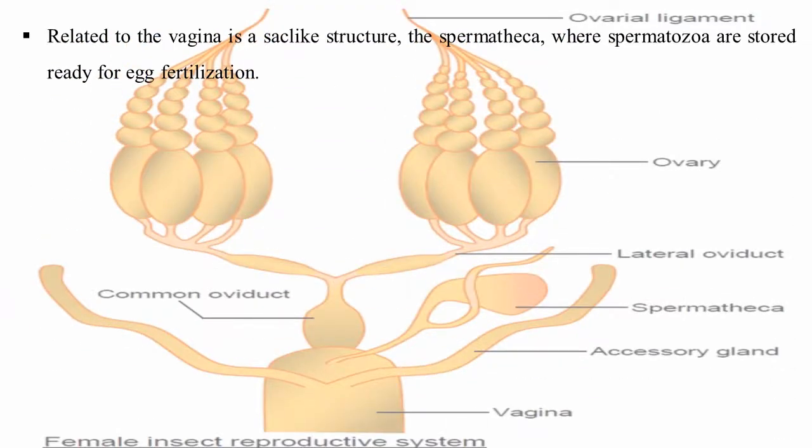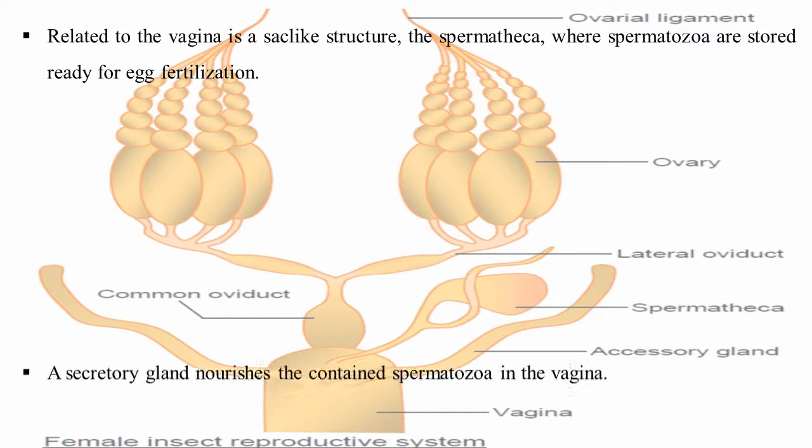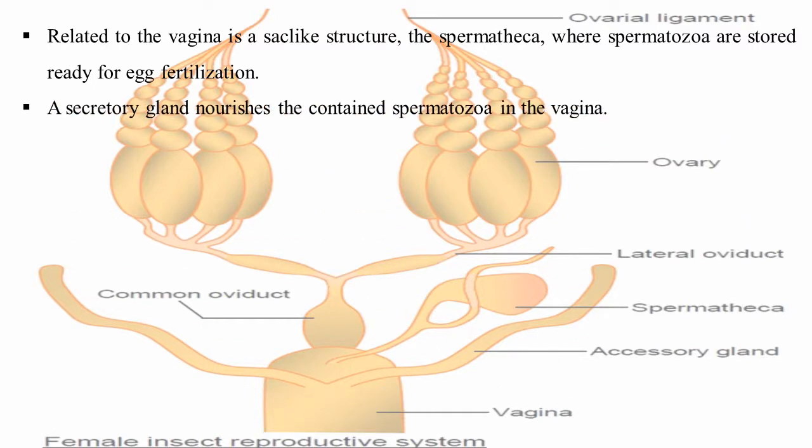Related to the vagina is a sac-like structure, the spermatheca, where spermatozoa are stored ready for egg fertilization. A secretory gland nourishes the contained spermatozoa.